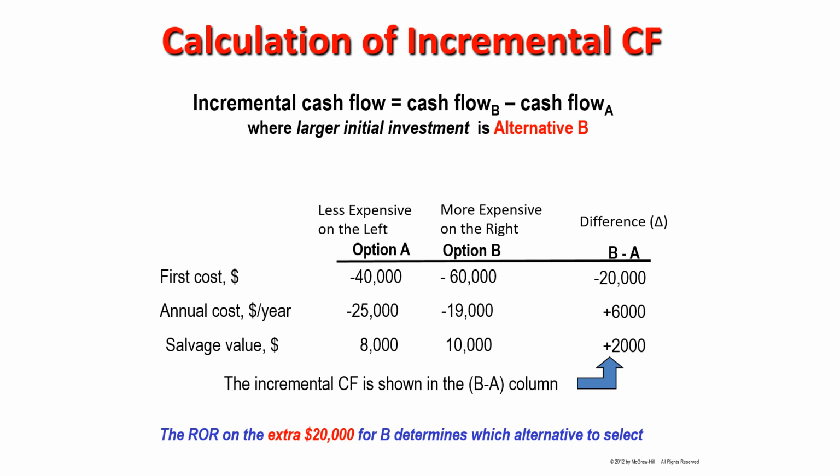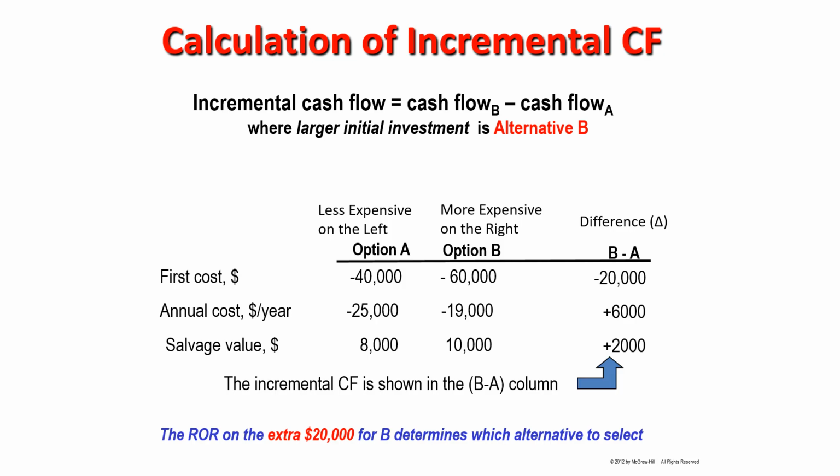The increment is the difference between two alternatives. And so if we've got an option A and an option B, remember that we would always sort them in order of cheapest to most expensive. And here option A is on the left because it's the cheaper alternative.